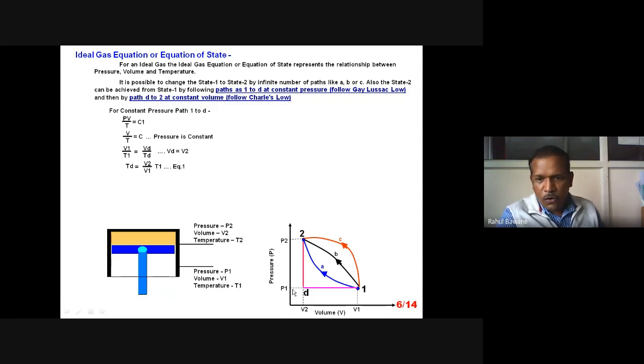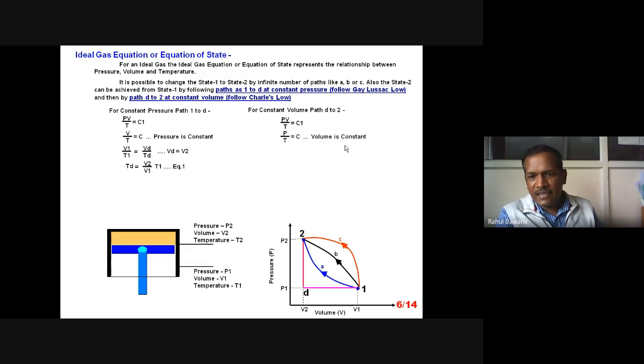Once I reach point D, then I acquire a constant volume path, that is V2. And for the constant volume process, again the general equation is PV/T equals C1. Now this time volume is constant, so I will shift the volume to the other side. It becomes C1 divided by volume, and it gives another constant, that is C. So our final form will be P/T is constant. This is for the constant volume process.